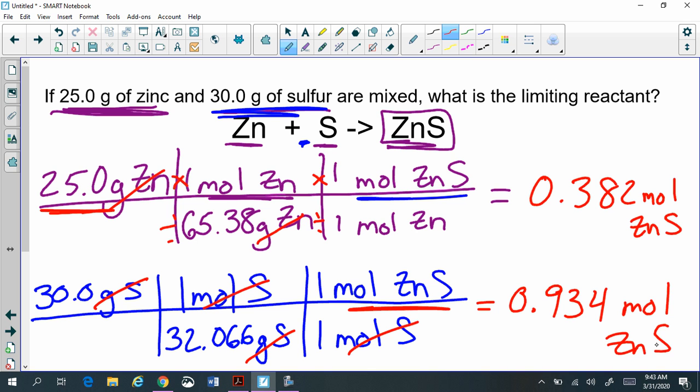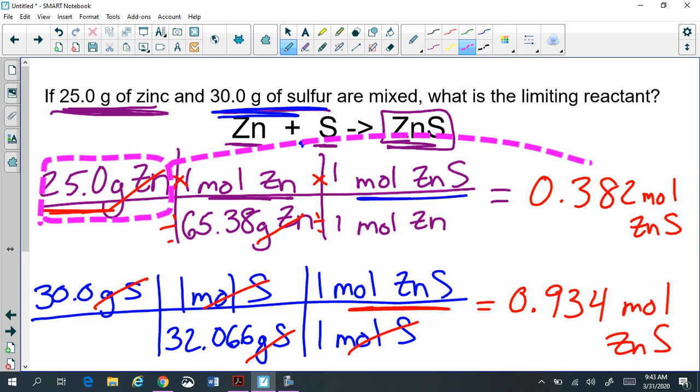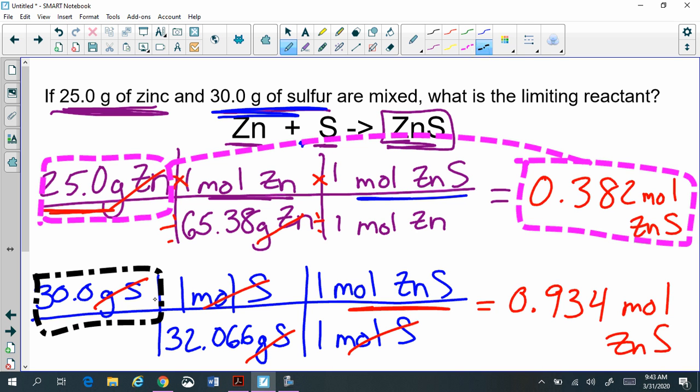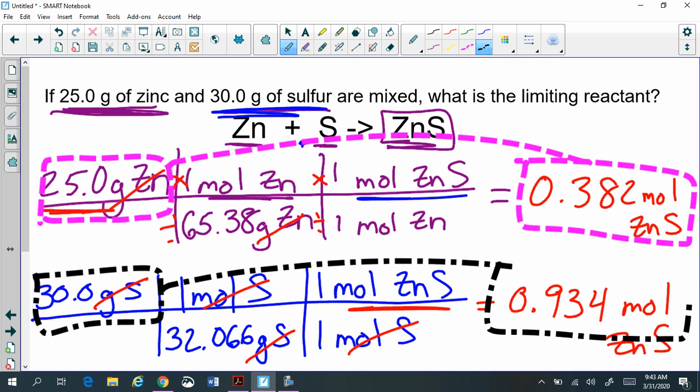That's the basis. That is saying to us, if we start out with 25 grams of zinc, we're going to get 0.38 moles of zinc sulfide. If I start out with 30 grams of sulfur, I'm going to get 0.934 moles. Now the question though is, what is the limiting reactant? It's not your answers here. It's a reactant.